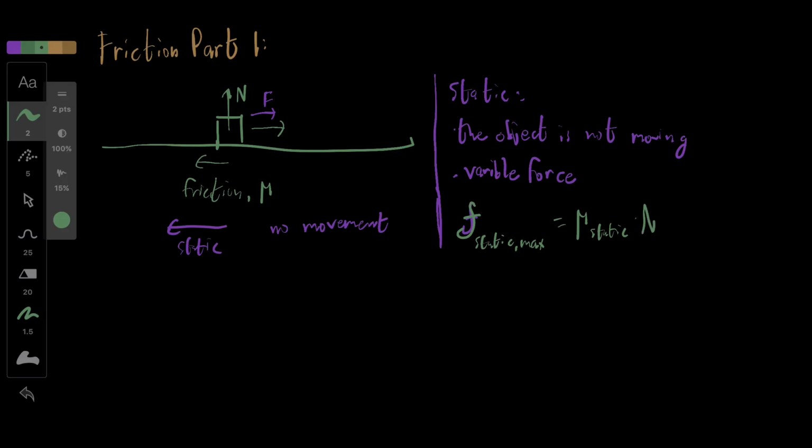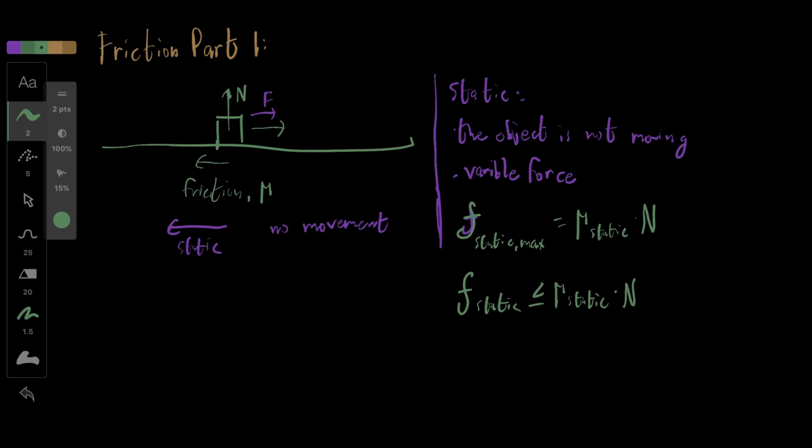Now, the derivation for this formula will be in the next video, which is going to be friction part 2. Now, the static friction in general doesn't have to be that. It can be less than or equal to the coefficient of static friction times the normal force.